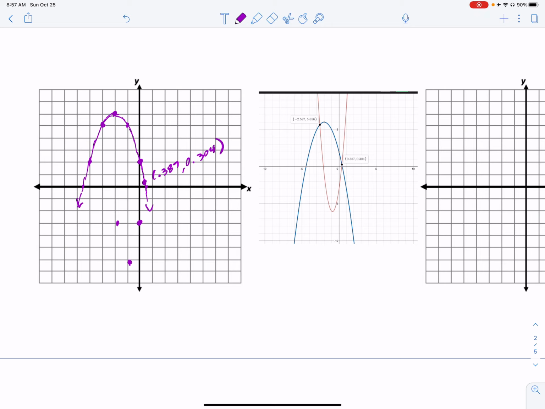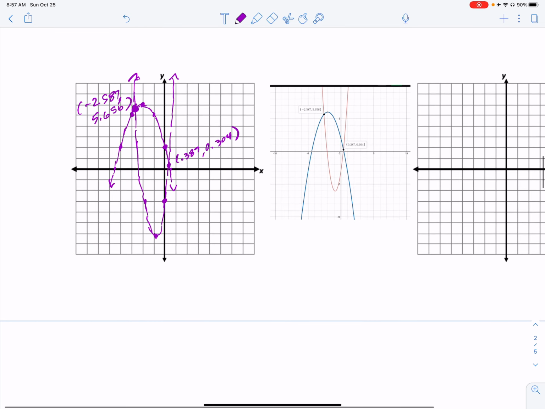And then we have also that negative 2.5. So we're just going to go ahead and sketch this. And so this ordered pair is negative 2.587, comma 5.656. So that is that ordered pair for that point of intersection.